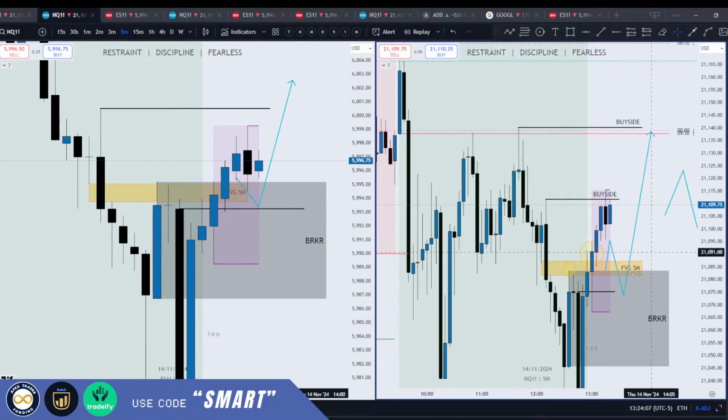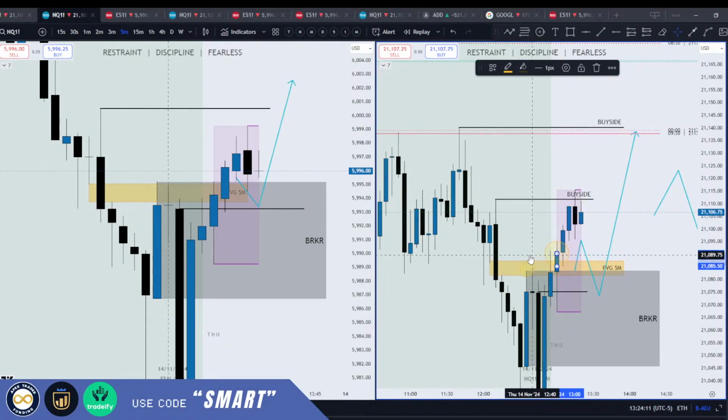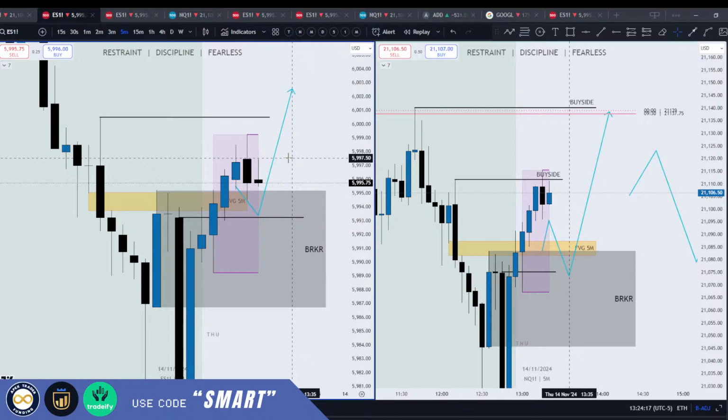But yeah, this would be an example of the inversion with the breaker, because we got the inversion here, and shortly after, or simultaneously, we got breaker confirmation. That was a good question though.